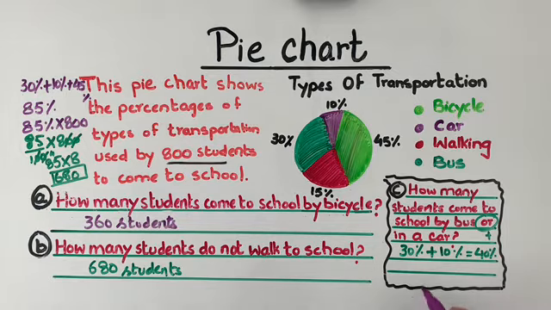Now we have to convert this 40% times 800 into the number of students who come to school by bus or in a car. 40% times 800 means 40 divided by 100 times 800. So when I calculate it, 40 times 8 means 320 students. So 320 students come to school by bus or in a car.